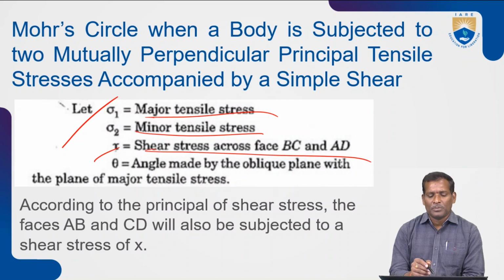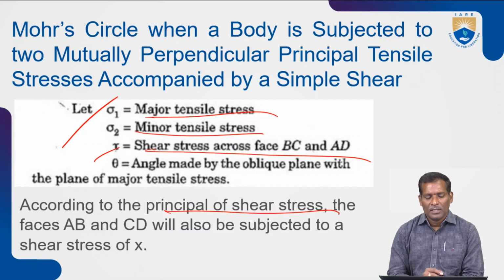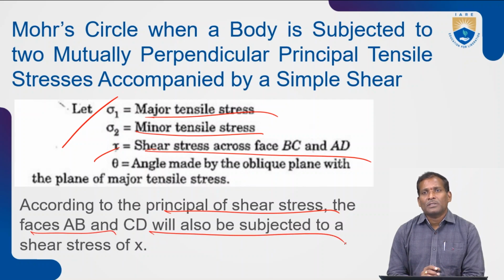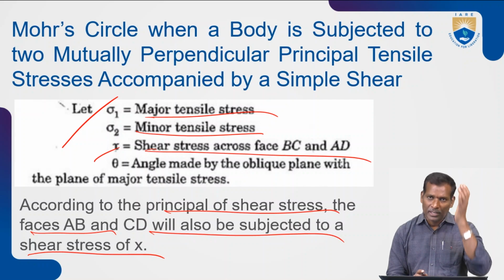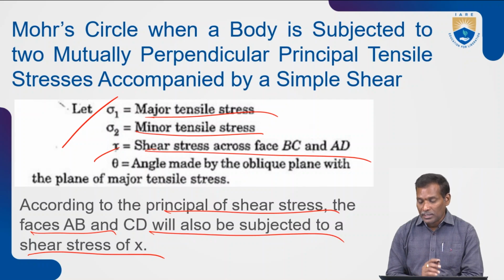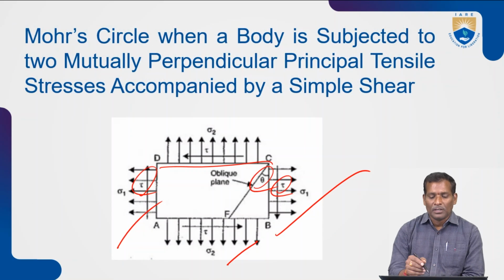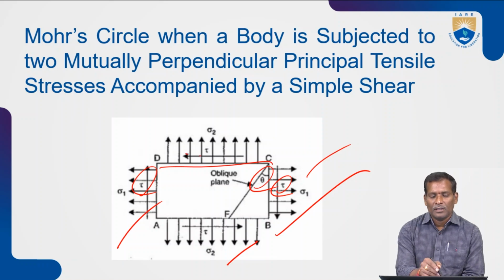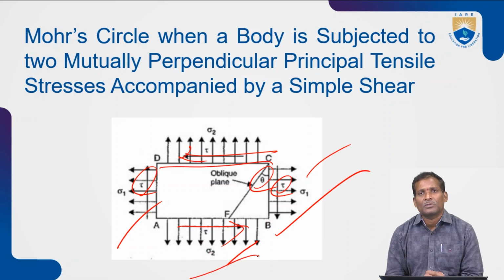So according to the principle of shear stress, the faces AB and CD will also be subjected to a shear stress of tau. The shear stress on CD, and this AB face also.